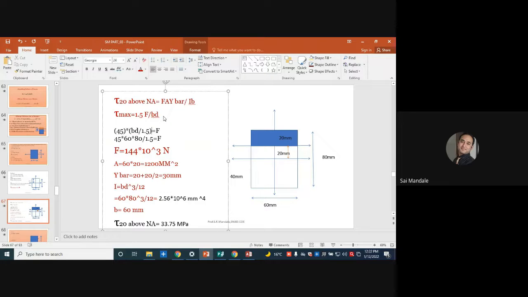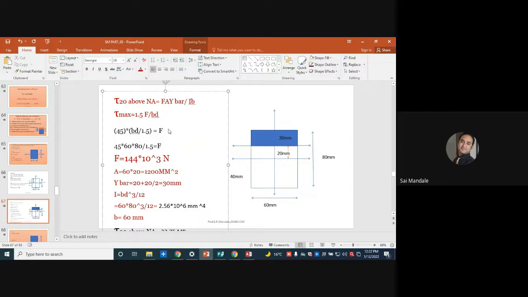Ultimately we'll get the value of force, which is equal to 144 into 10 raised to 3 Newton. I have calculated the value of F.